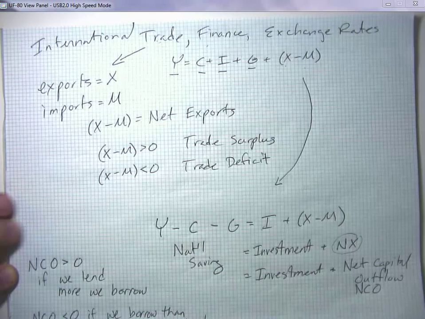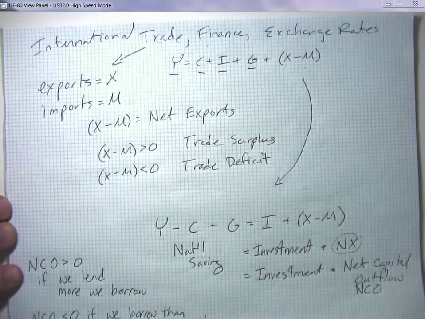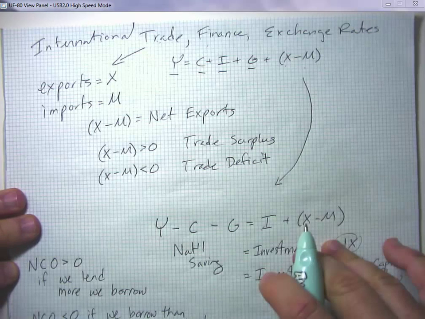So it gets a little bit confusing to talk about net capital outflow. We can talk about net capital outflow being negative, or we can talk about a country experiencing net capital inflow. So that's another way of thinking about it. So let me move to a new sheet.